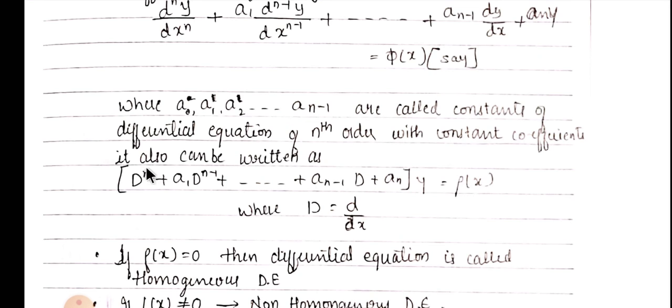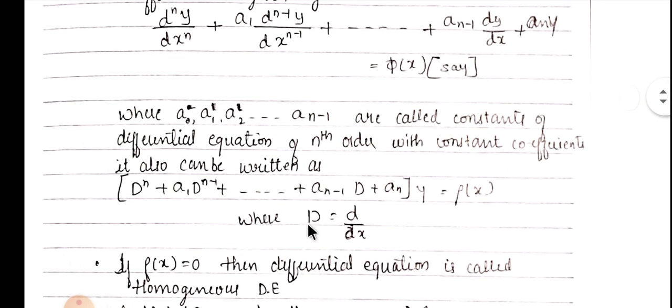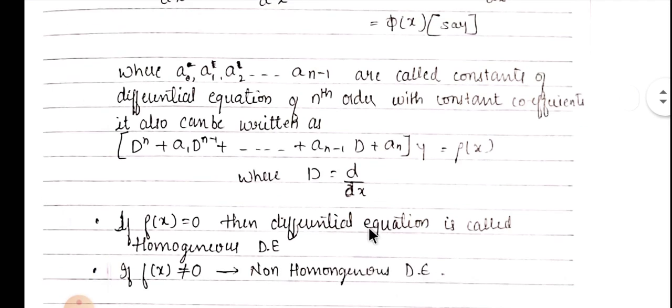Here the capital D, whatever we are writing, is nothing but d divided by dx, and whatever the power, that power applies to D, and y we have taken common here. Therefore capital D is equal to d divided by dx.